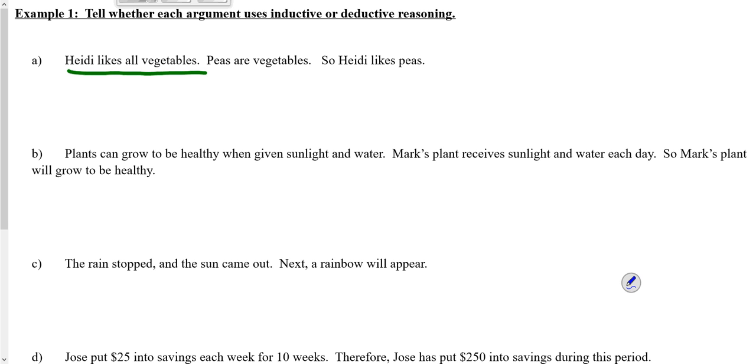Fact. She has said that she likes all vegetables. Peas are vegetables. Fact. So if Heidi likes all vegetables and peas are vegetables, it makes sense logically that Heidi also likes peas. So that is deductive reasoning.